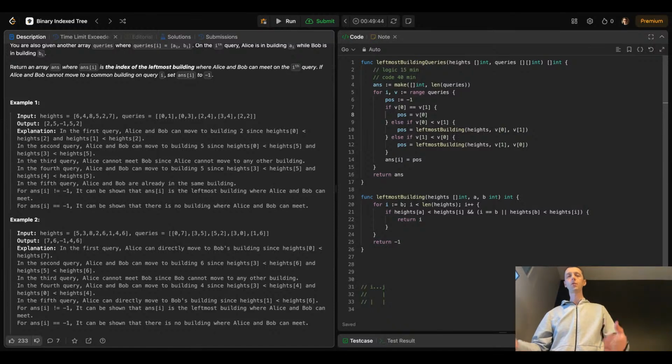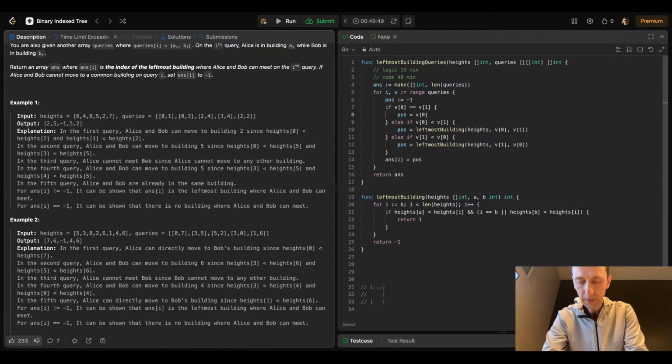We do this search over this region, starting with the biggest index. And we just do it over and over again for each query, just checking each height, each building. But we could do better, probably. Using memory, I guess, somehow.